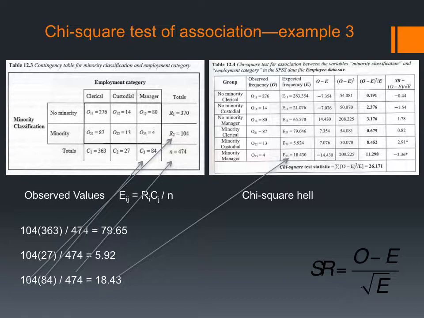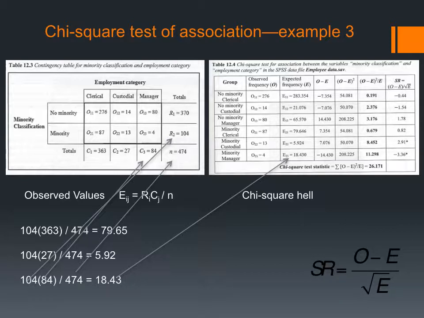And then finally, we can have a kind of an effect size for each of the categorical levels. We can see what's contributing to that statistical significance by computing the standardized residual. And that formula is here at the bottom corner. It's just the observed minus the expected divided by the square root of the expected. And so we can do that for each value.